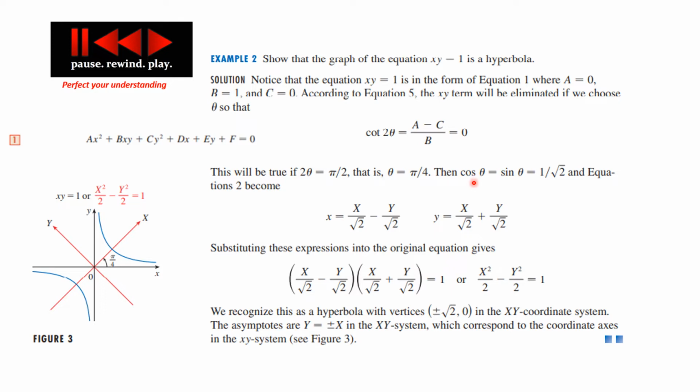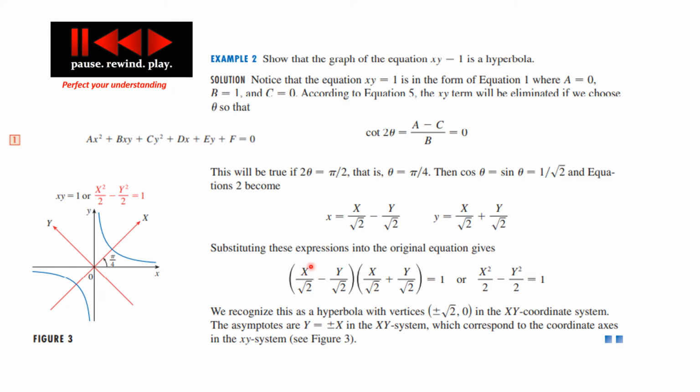So then what are the sine and cosine for those? Well, the sine of pi over 4 and the cosine of pi over 4 are both 1 over the square root of 2. So x becomes capital X over square root of 2 minus capital Y over square root of 2. And y becomes capital X over square root of 2 plus capital Y over the square root of 2.